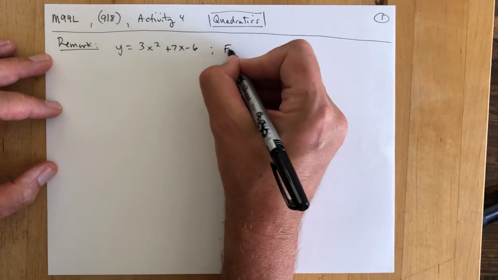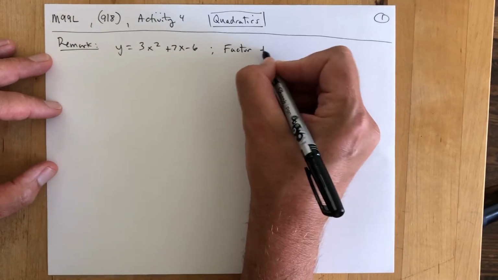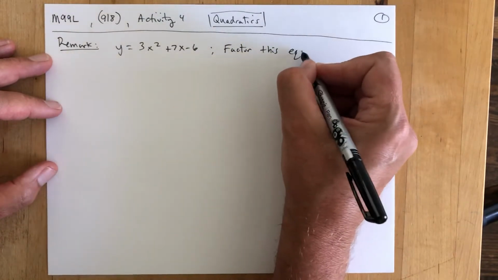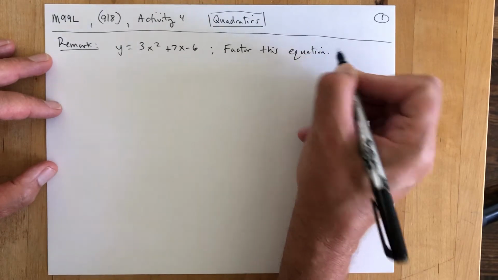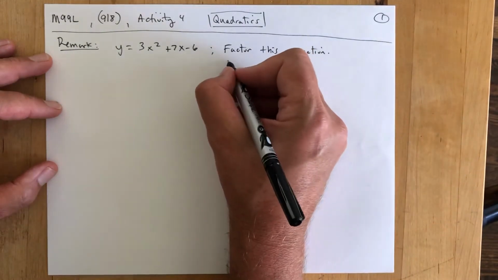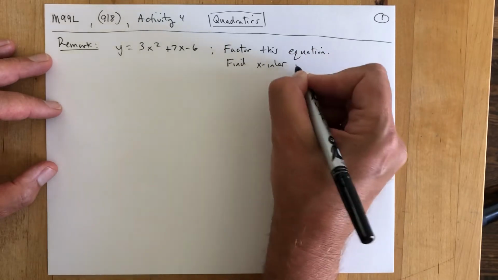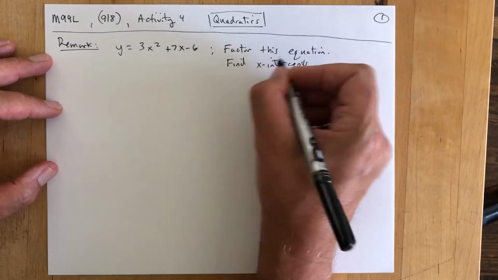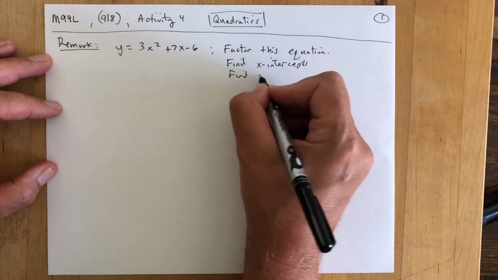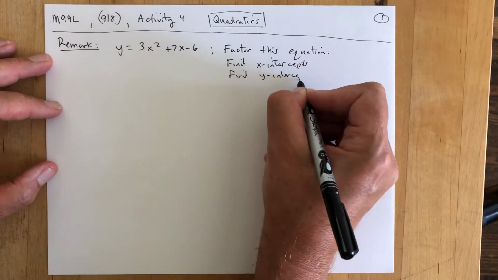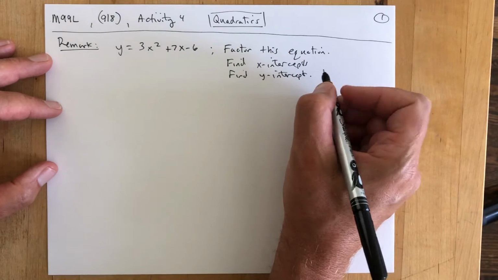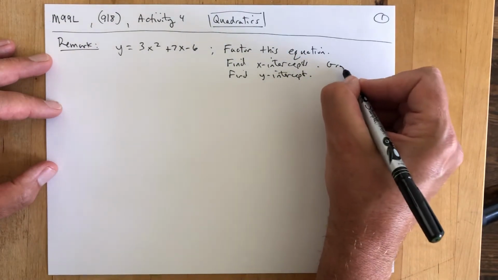And I said, all right, factor this equation, find the x-intercepts, find the y-intercept, and then graph it.